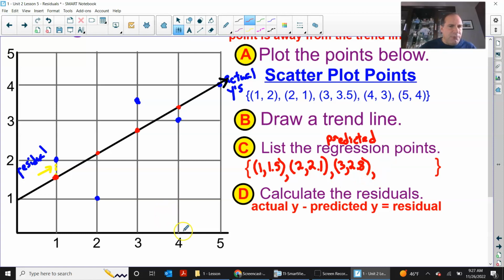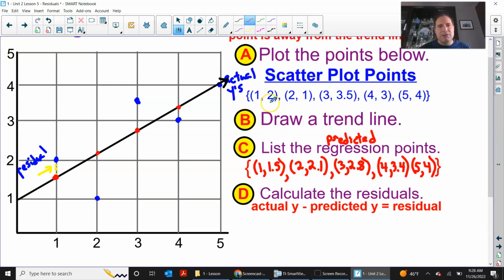And then we have 4, maybe 3.4. Yeah, 4, 3.4. And then we have 5, 4. So those are the predicted.